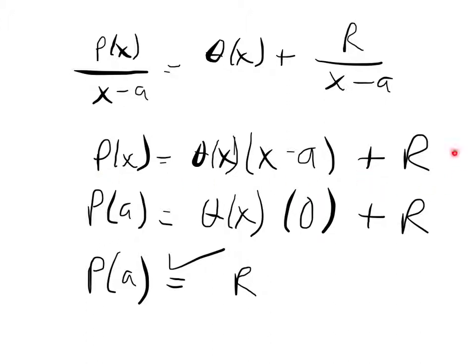Now evaluate this expression, simply look at p of a. Everywhere there's an x, put in an a. So I get p of a equals q of a times, if I plug in a, a minus a is 0. 0 times anything is 0, so I get p of a equals r.